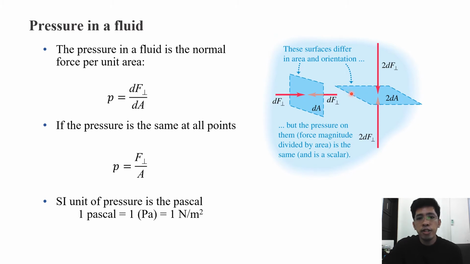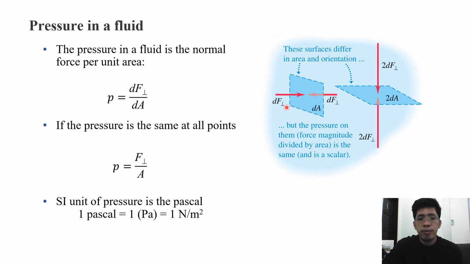In the figure, the surfaces differ in area and orientation. The first figure here is oriented like this case here, and the other one is oriented like this. But the pressure on them, the force magnitude divided by the area, is the same.